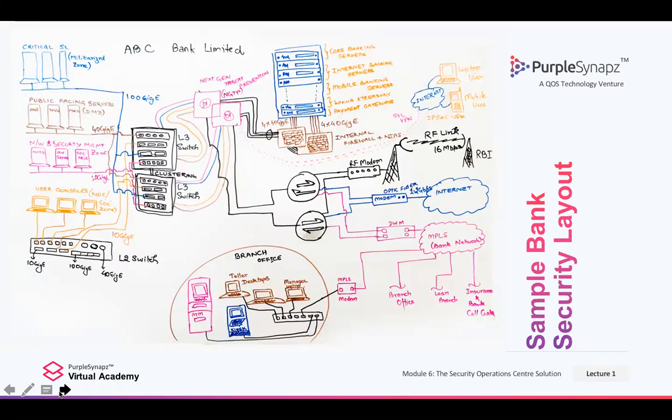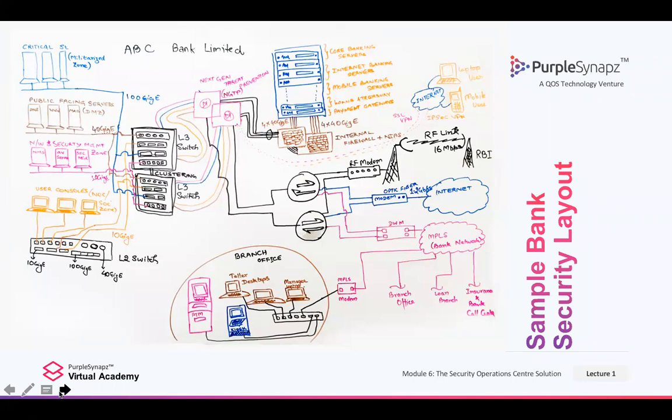Then there are some policy servers for security and network requirements, like the network management server, NMS, and the antivirus server for policy or antivirus updates for all the branch level teller machines, the branch managers' laptops and other machines which need the antivirus, etc. All those policy servers for such requirements have been put up in the network and security management zone, shown in the pink color on the left side of the screen.